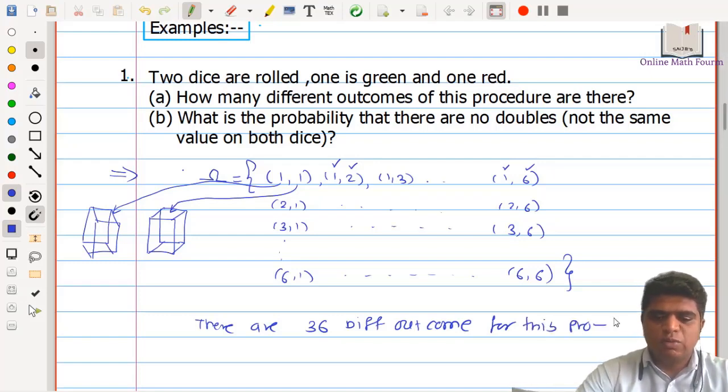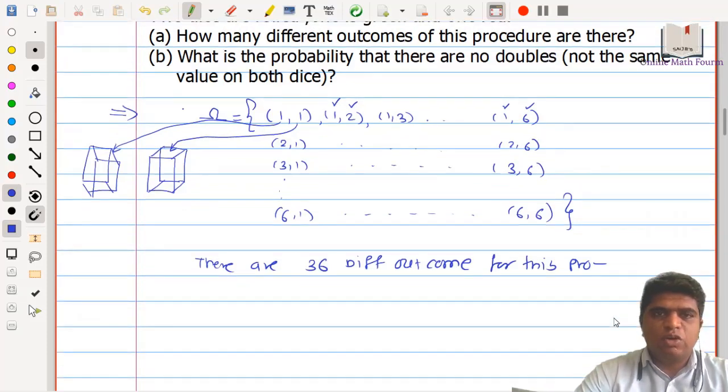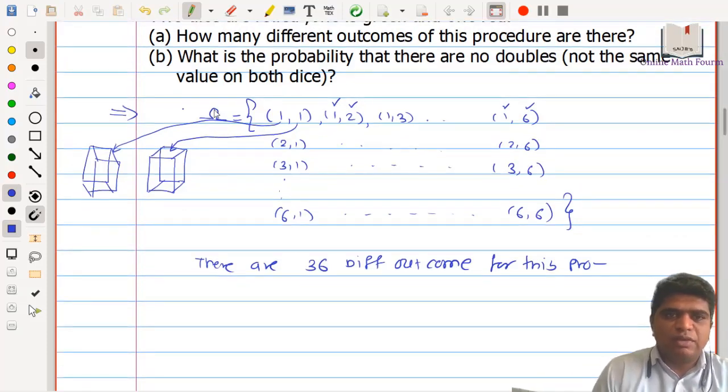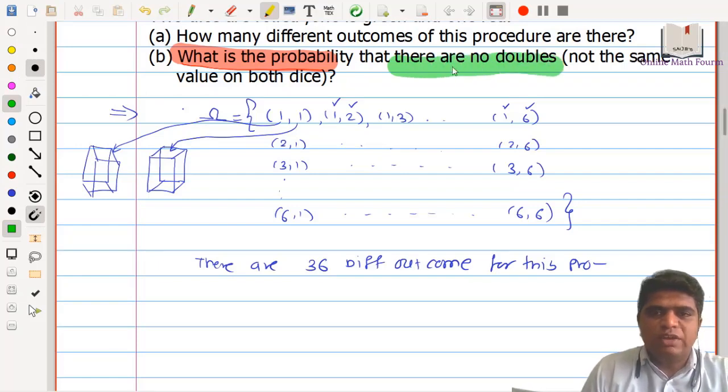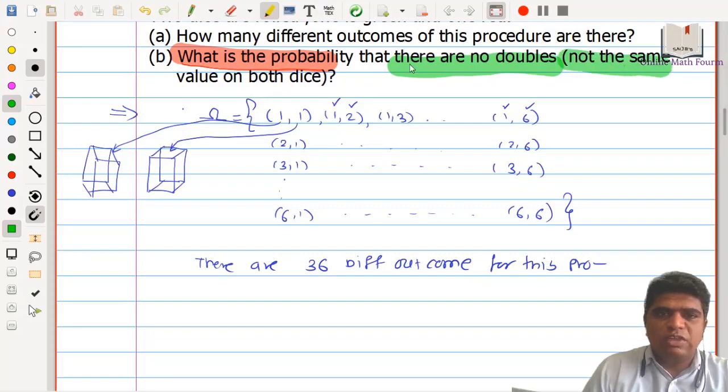Okay, what is the probability that...? Remember that when a question arises of this type, the portion that comes after "what is the probability that" is an event. Here the event is: there are no doubles, that is, not the same value on both dice.